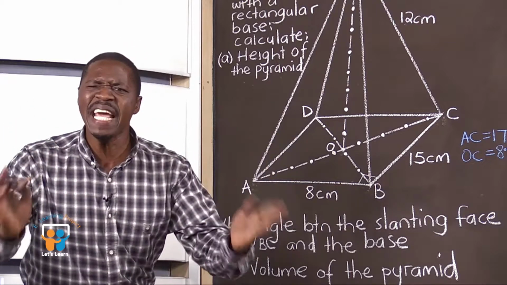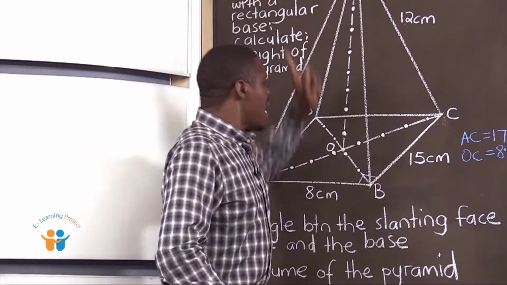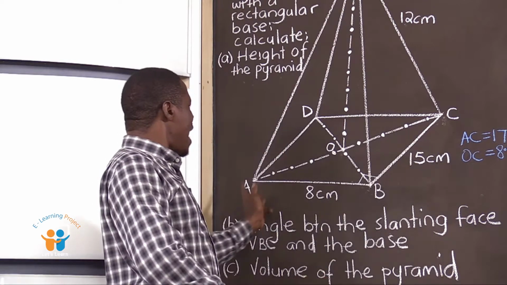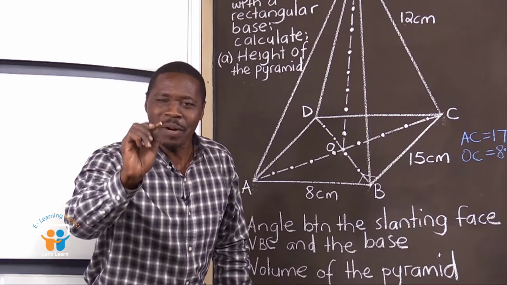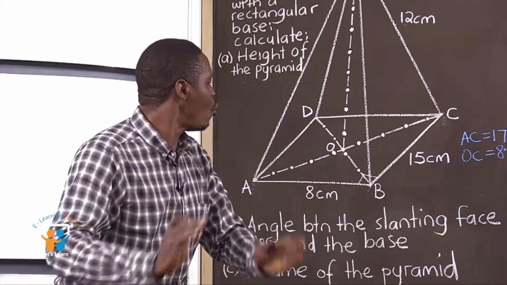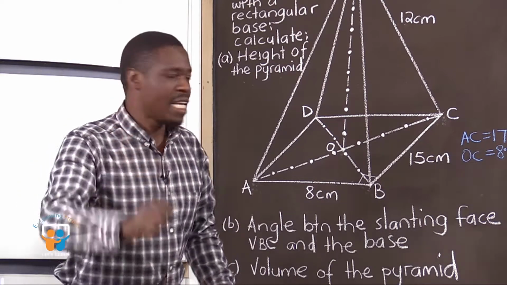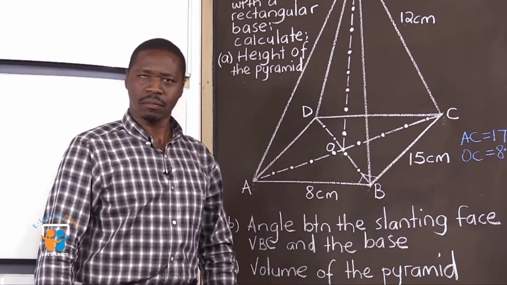No, it cannot be line AB. We are looking for the line where the plane VBC and the plane ABCD meet. Wonderful. Someone has given us the right answer: those two planes meet on the line BC.